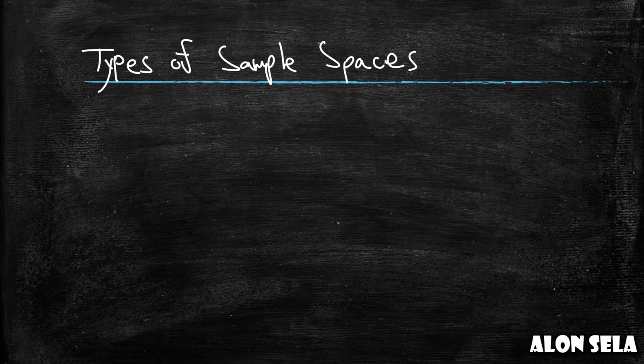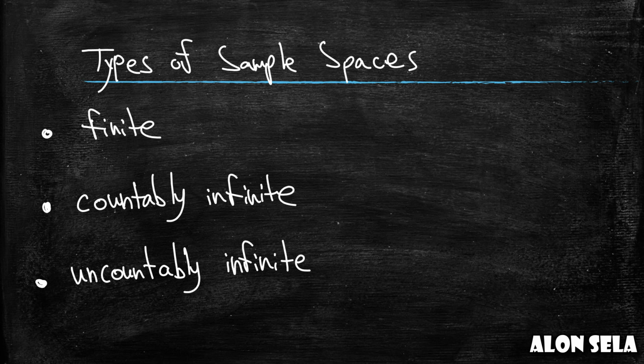Our last topic for today is the types of sample spaces that we have, and we have three types of sample spaces. Okay, we have a finite sample space, we have countably infinite sample space, and we have uncountably infinite sample space. So let's see some examples. Finite sample space is basically, I believe everyone saw something like this.